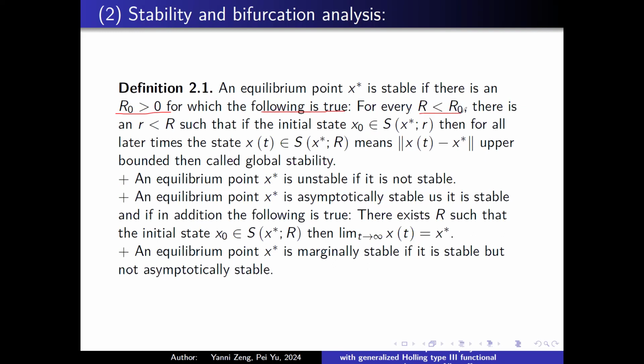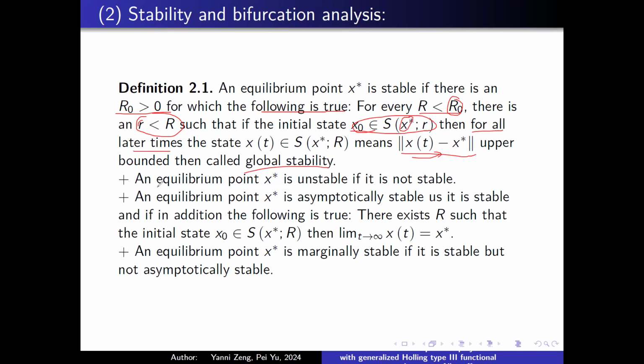For the value r smaller than naught, there exists a value smaller than a big R, to certify this S0 in the bound with S star, and then after that we can find the upper bound existing. So this is called Lyapunov stable.